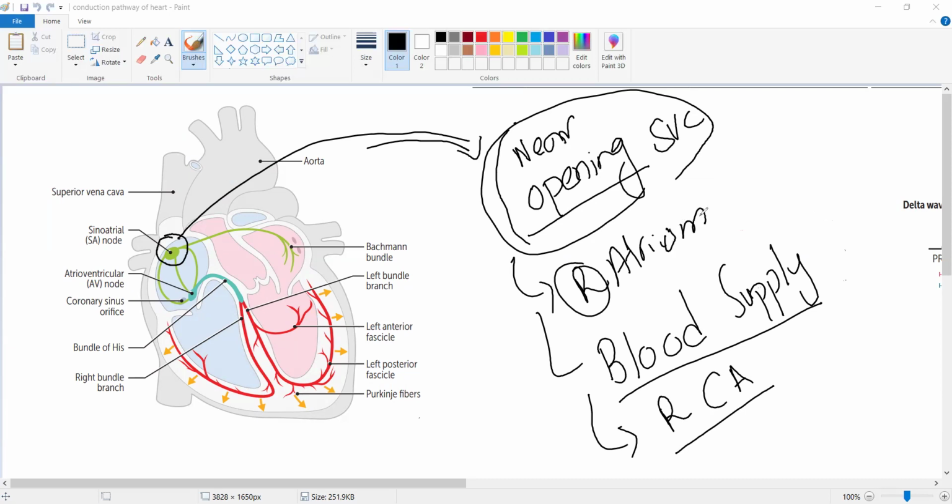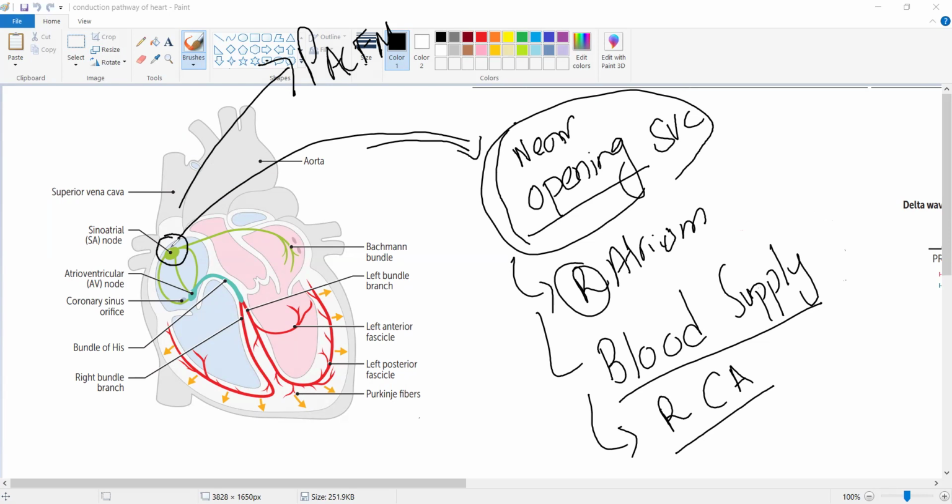The SA node is also known as the pacemaker of the heart. Normally impulses start from the SA node. Yesterday's session we discussed how the action potential is generated in the SA node and AV node.